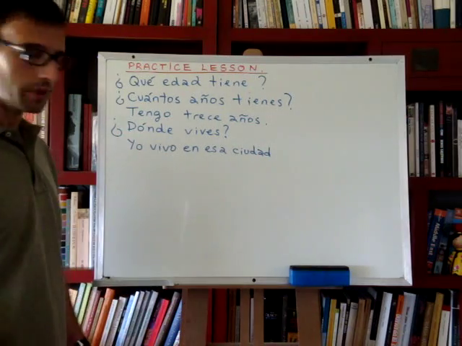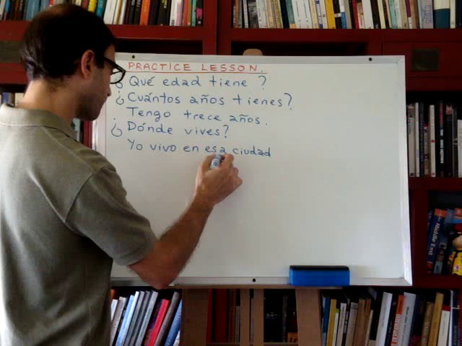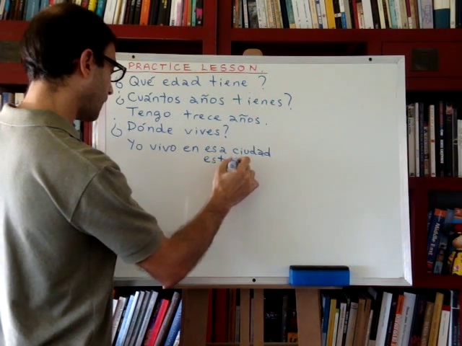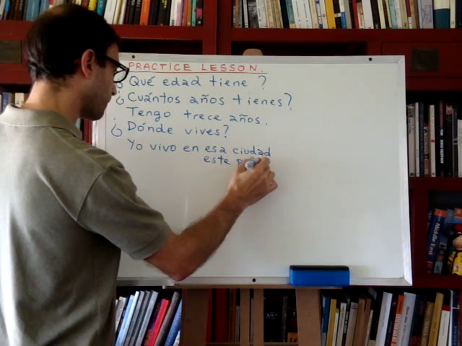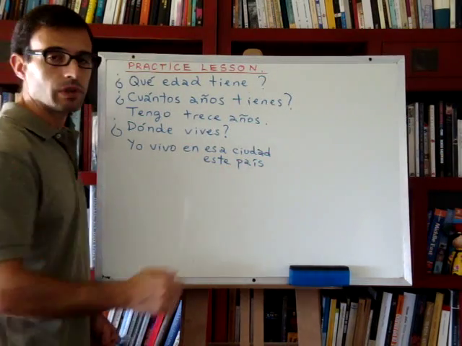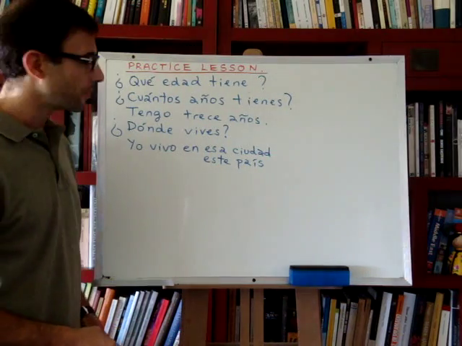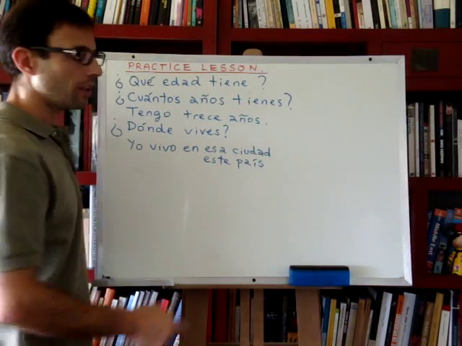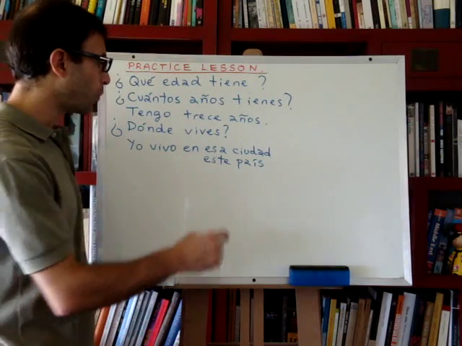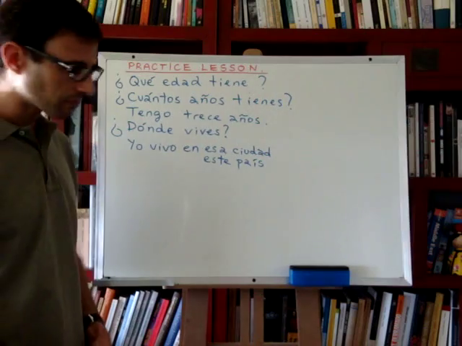Or in this country. In this country is en este país. Okay? País is a masculine noun. That's why it is este and not esta. And ciudad, for city, is a feminine noun. That's why we say esa ciudad, that city, right?